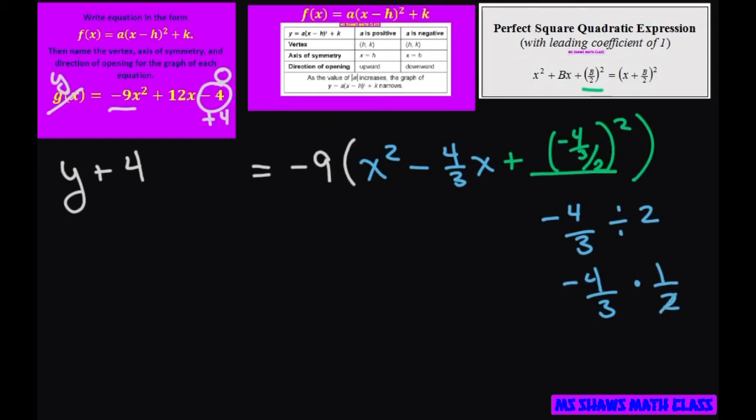That gives me negative 2/3 squared, which gives me 4/9. So this here is going to equal 4/9.